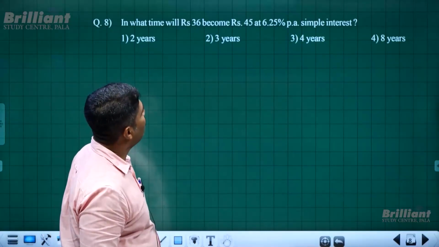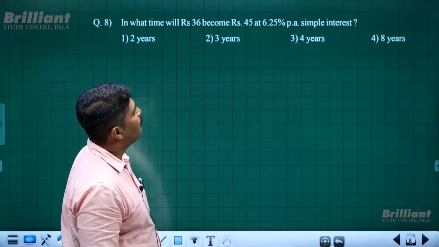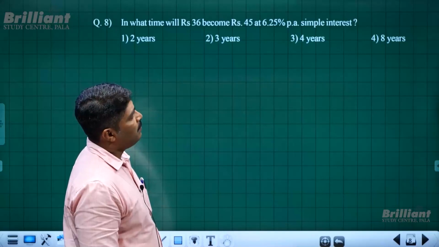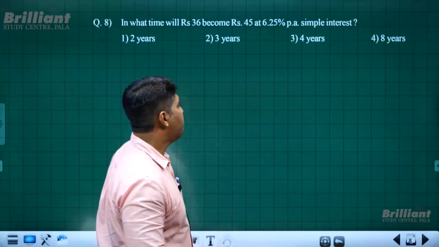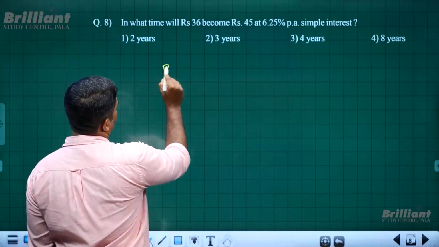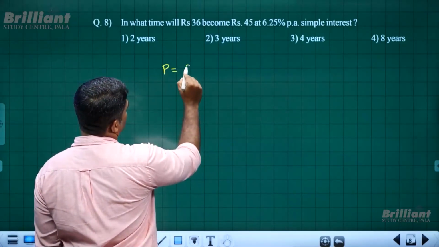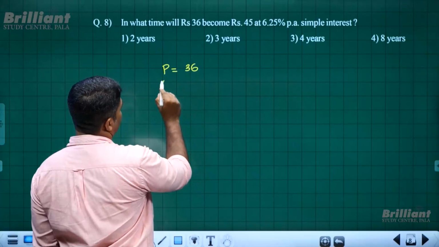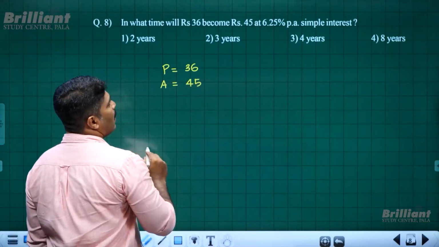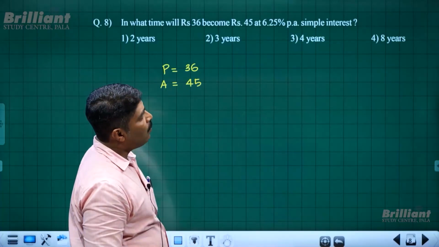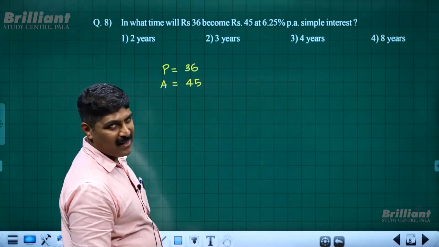In what time will rupees 36 become 45 at 6.25% per annum simple interest? So here the principal amount is rupees 36 and the final amount is rupees 45. Here what is the total net interest?